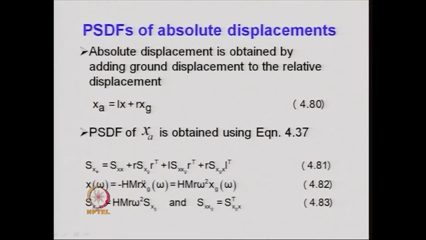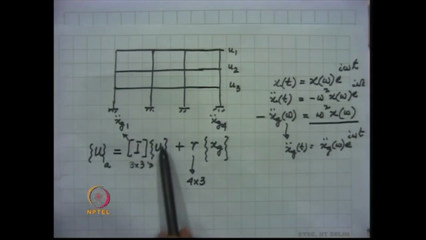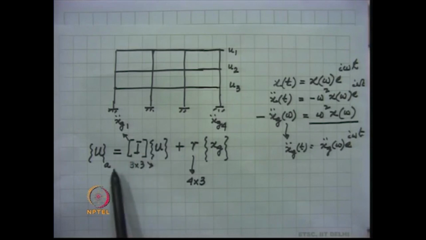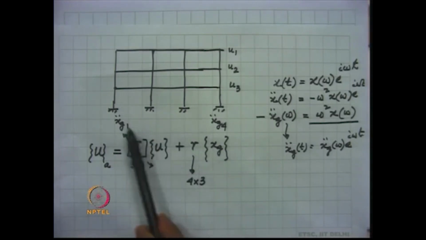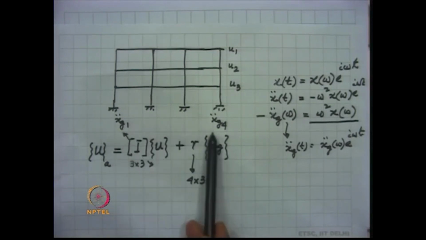If we look at this expression, the I is an identity matrix, that is, diagonal terms are 1 1 1, off diagonal terms are 0, that multiplied by the 3 displacements u gives the relative displacements of the system, and the ground displacements are xg1 to xg4.